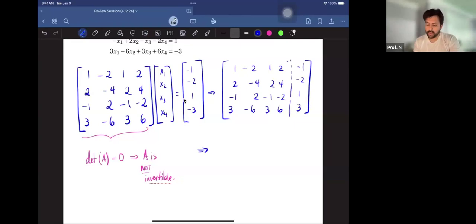So I would put this matrix in my calculator. This will be a 4 by 5 matrix, and I'll put 1, negative... okay, those are already there. So this is -1, -2, 1, 3.